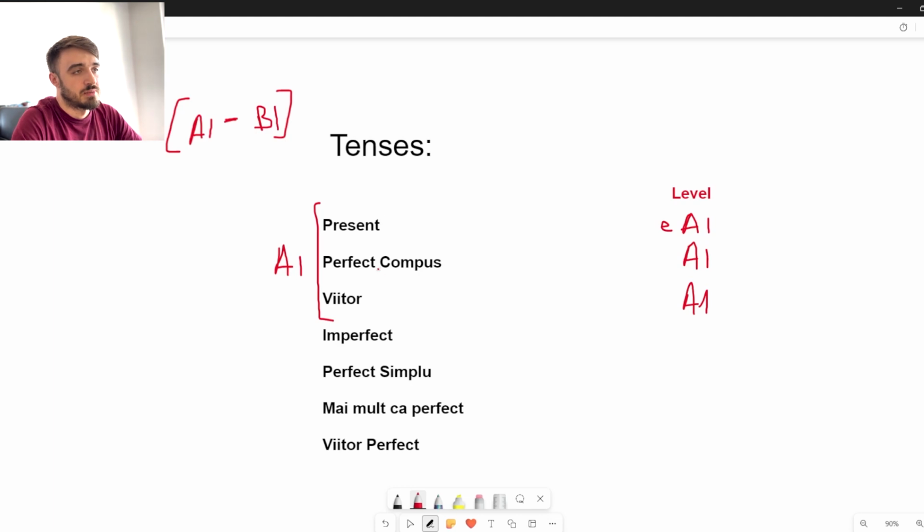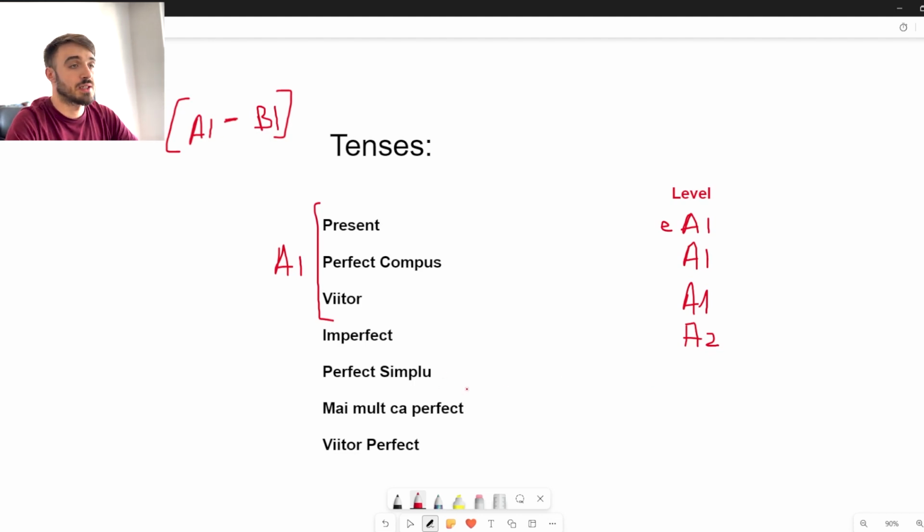Start with perfect compus, which, if you don't know what it is, is the am fost, ai fost, am mers, and so on. Probably the most standard past tense in Romanian. And then you have imperfect, which is probably a slightly more advanced thing. I would say when you get to A2, it's something that you really want to know, because it's extremely widely spread across the language.